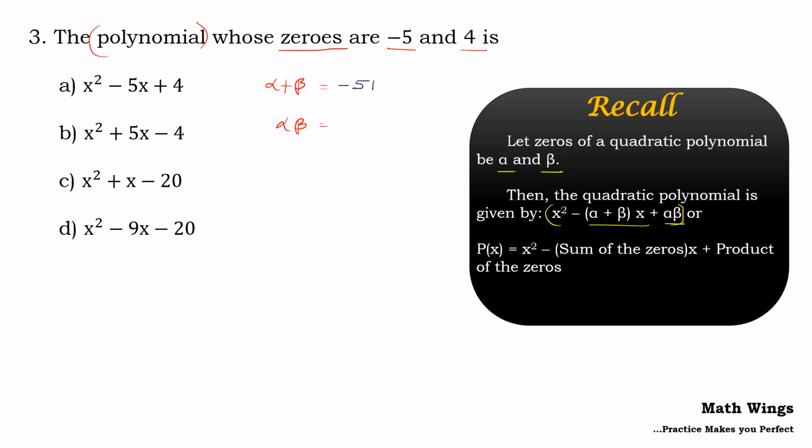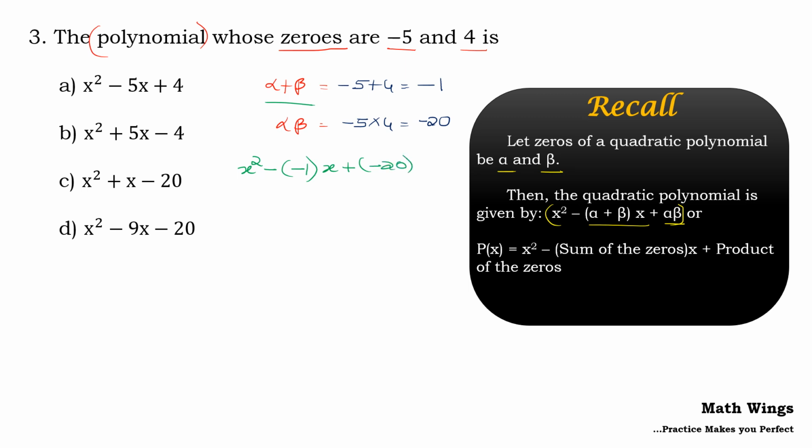Therefore, alpha plus beta here is -5 plus 4, that is equal to -1, and alpha into beta is equal to -5 into 4, which is equal to -20. Therefore, we can write the quadratic polynomial using the form: x square minus (alpha plus beta), that is -1, into x plus alpha beta, that is -20.